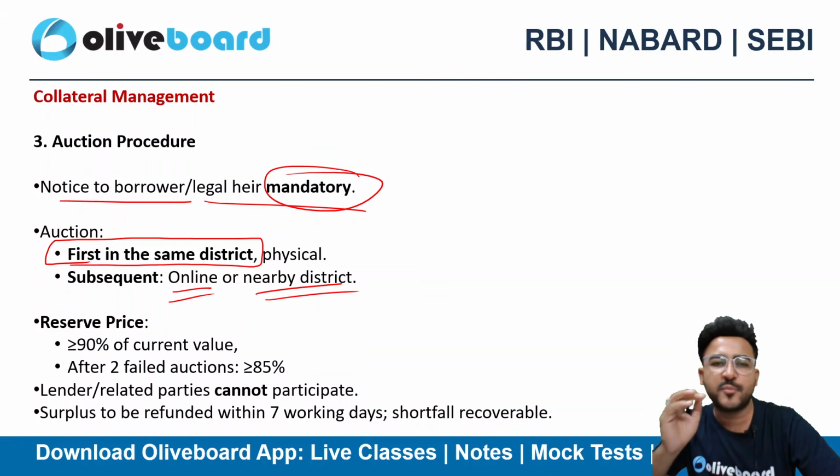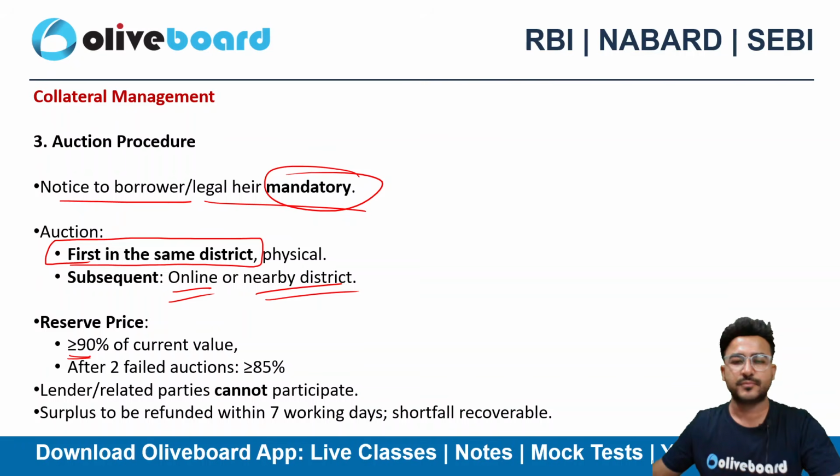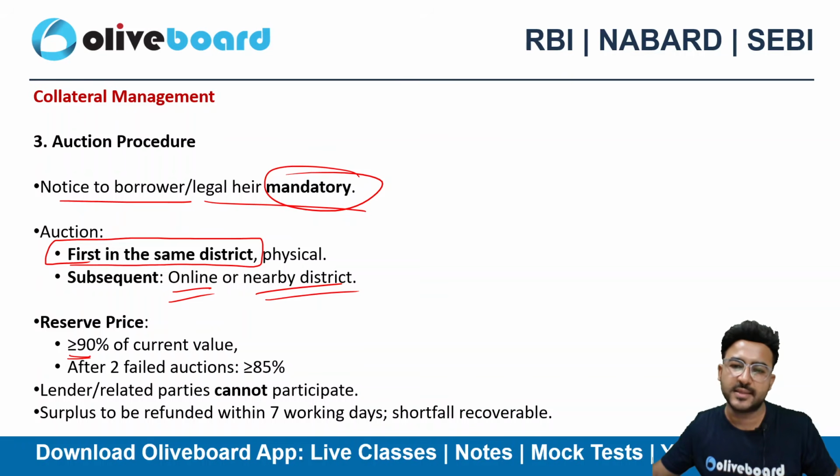There should be a reserve price for that auction. At least 90% or more than 90% of the current price should be the reserve price in the auction, not less than that. That's the bare minimum.